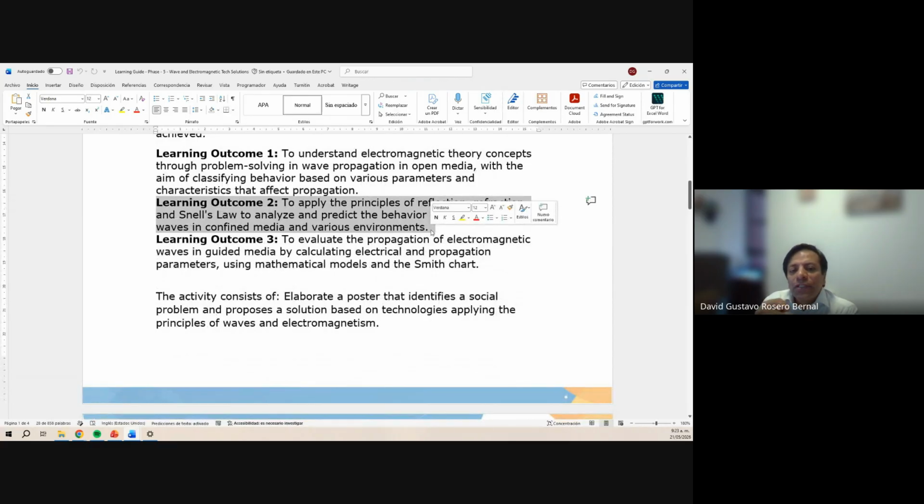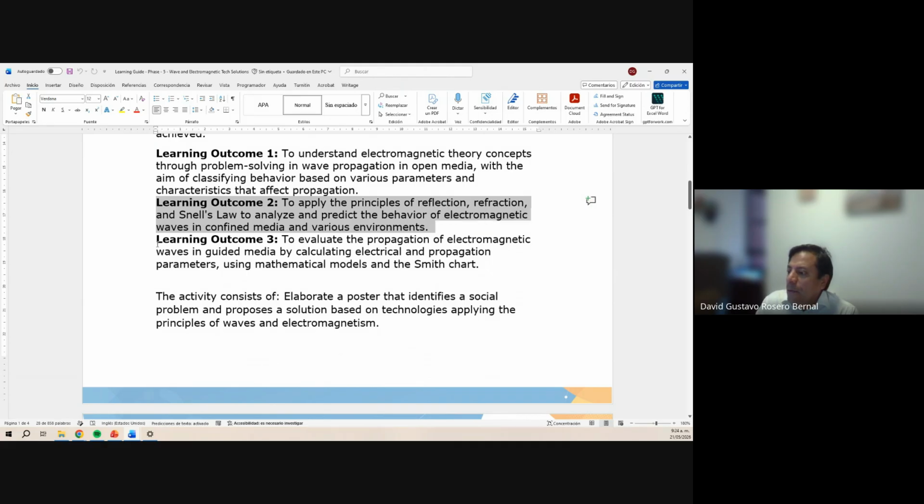Learning outcome number 2 asks you to apply the principles of reflection, refraction, and Snell's law to analyze and predict the behavior of electromagnetic waves in confined media, what we did practically in phase number 3, when we calculated reflection coefficients, transmittance, and the angle across the air-glass-air interface.